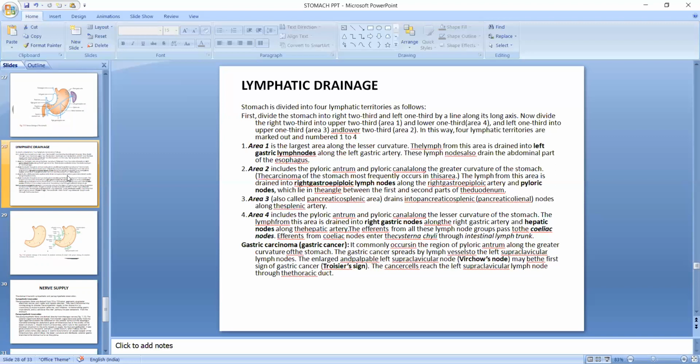The lymph from this area is drained into the right gastroepiploic lymph nodes along the right gastroepiploic artery and the pyloric nodes, which lie in the angle between the first and second parts of the duodenum.